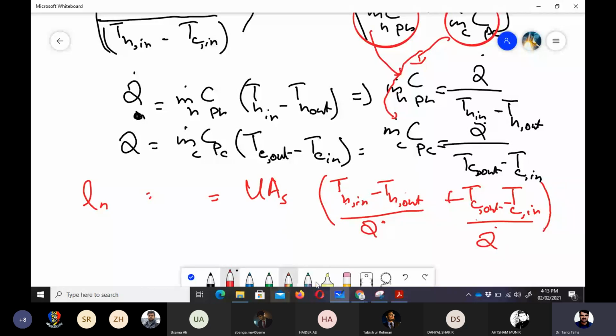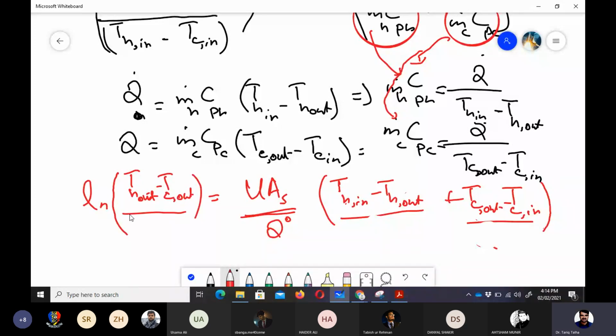So q dot can be taken as a constant here. So we can say that q dot would be written here on q dot, and then here we have got the natural log term. If we write it, T_h out minus T_cold out divided by T_hot in minus T_cold in.